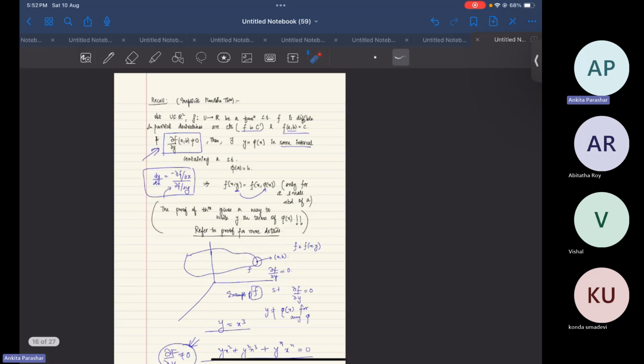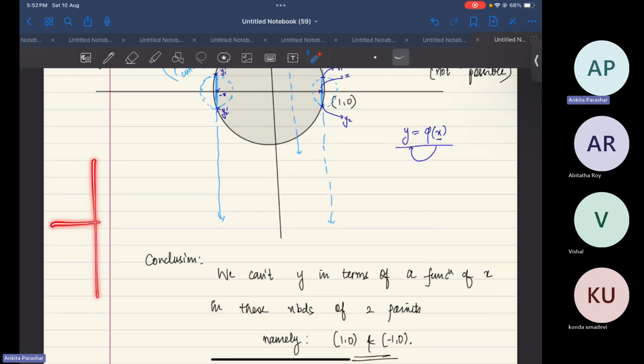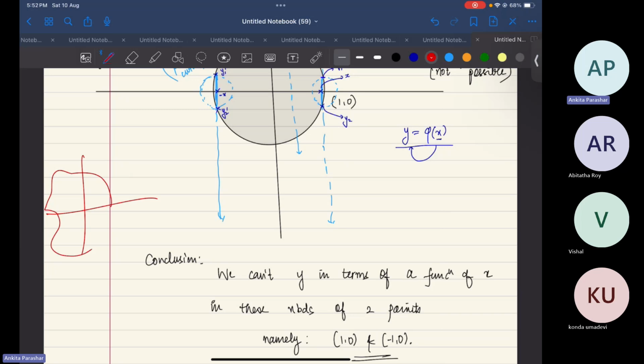Suppose I take a curve, and draw another curve like that. It may happen that at one point it can touch two points on the same curve. Those things are a bit problematic.